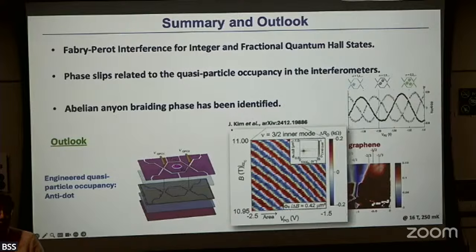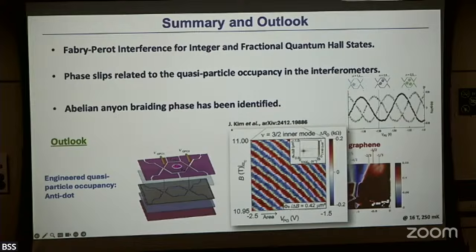So the quality of the sample is extremely important to realize this part. Given that many fractional challenge later just appear in a few years, they give you really rapid progress, but still I'm seeing the quality of the sample is not up to the level that we can control there. The quality of samples and the quality of the contacts you can make and all these things will take a little bit of time, but in principle, yes, why not? I think this could become a rather exciting direction to go.